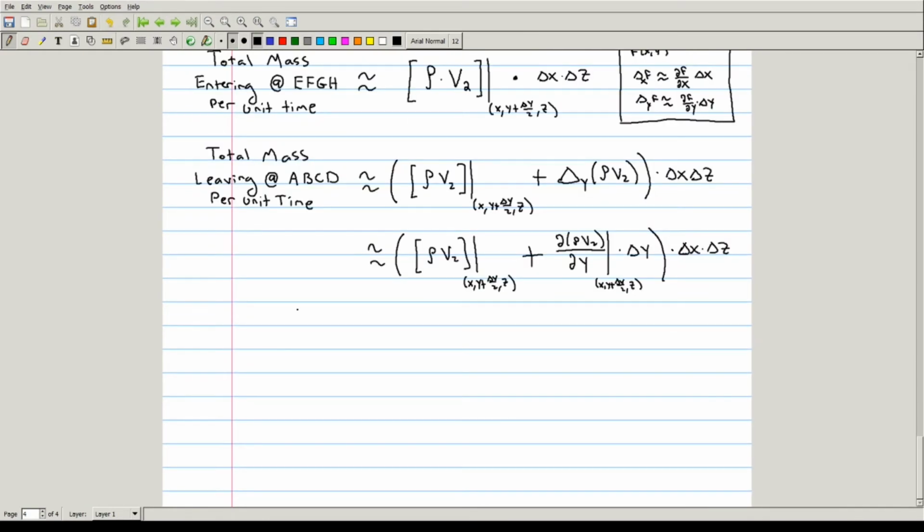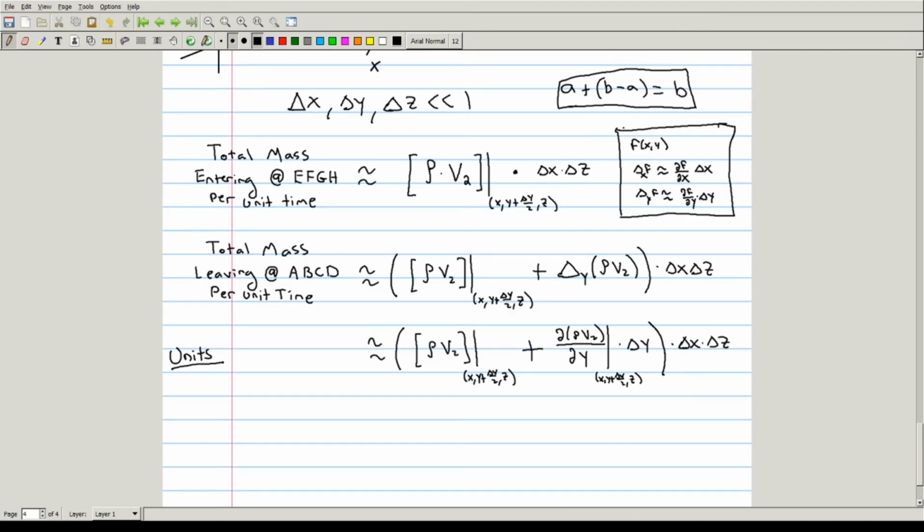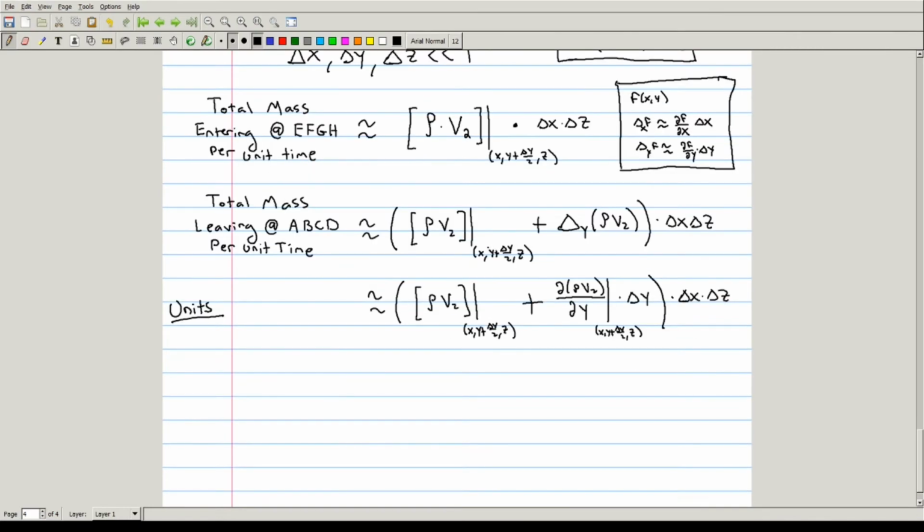And it's definitely important for me to point out why this works. And the idea to think about here is always the units. What are the units of this expression? Well, we know that rho has units of density, which is mass per volume, or length cubed.